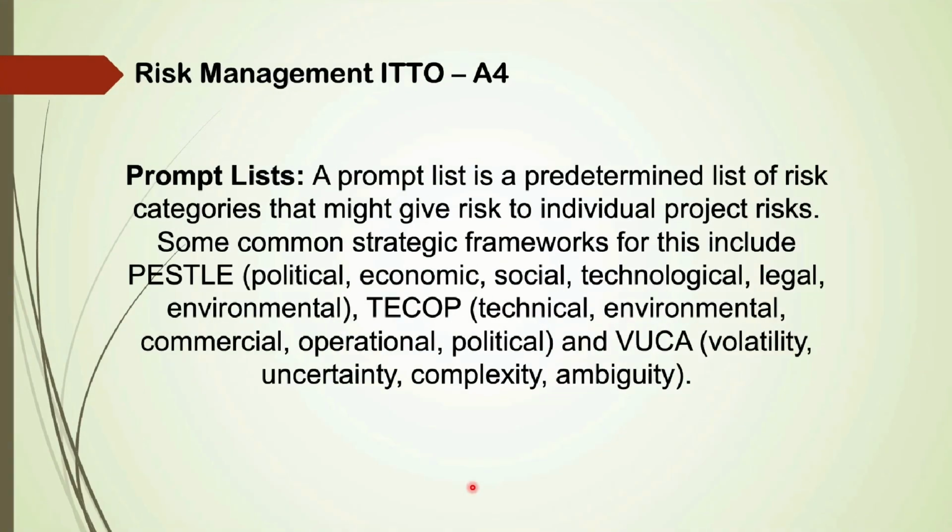Answer: prompt lists. A prompt list is a predetermined list of risk categories that might give rise to individual project risks. Some common strategic frameworks for this include PESTEL, TCOP or VUCA. The details of each one of them is given in the slide.